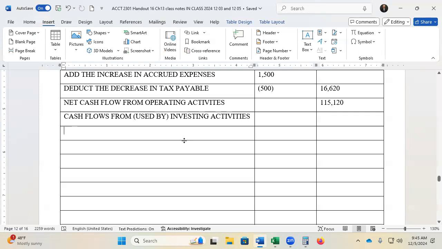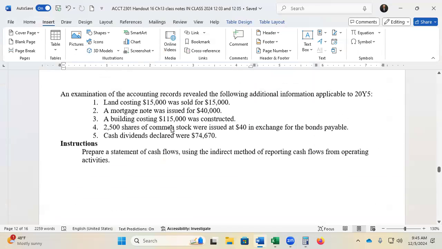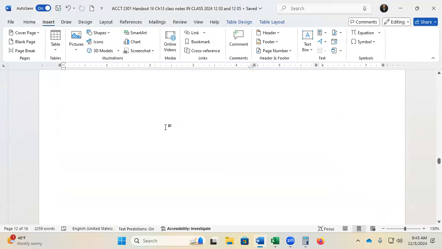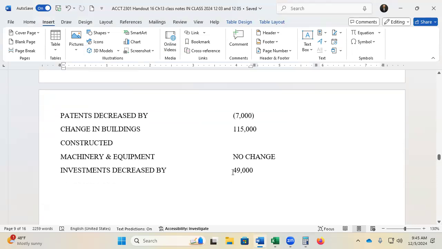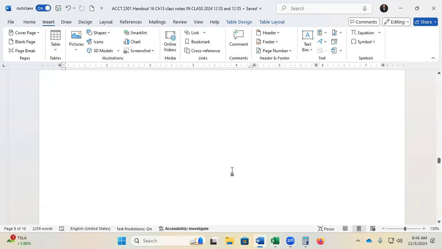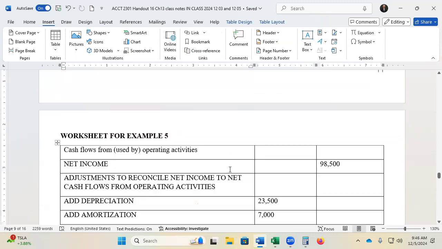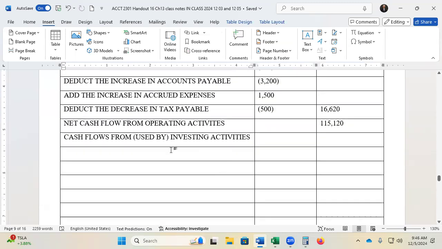So we already did the changes in our long-term assets account, and we only saw a change in the buildings, which it says that we constructed. We had machinery and equipment, there was no change. And then we also had land that they said costing $15,000 was sold for $15,000. Okay, so those are the three things that we're going to have to account for.